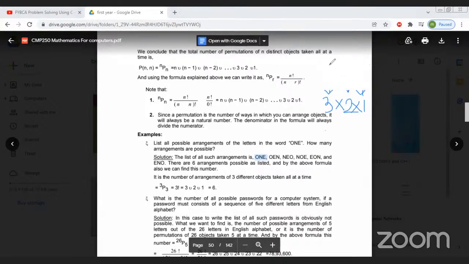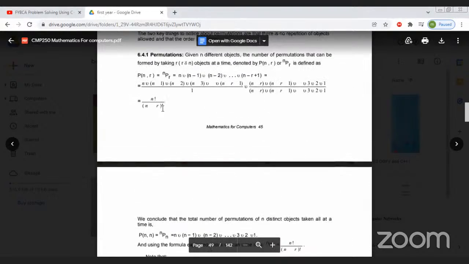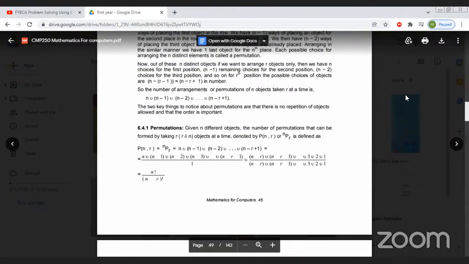The other one is by the permutation method. Now there are how many letters? 3 letters. And how many arrangements do I have to do? 3 arrangements. So 3P3. But what is 3P3? That is the remaining part, for which we need the formula.